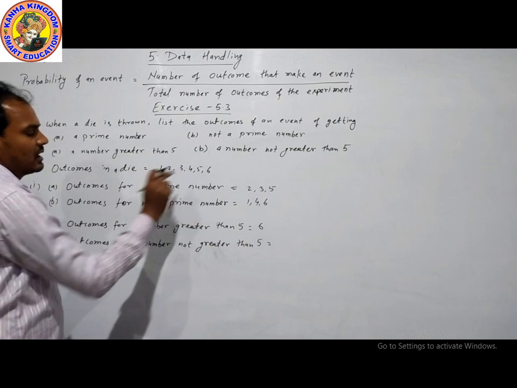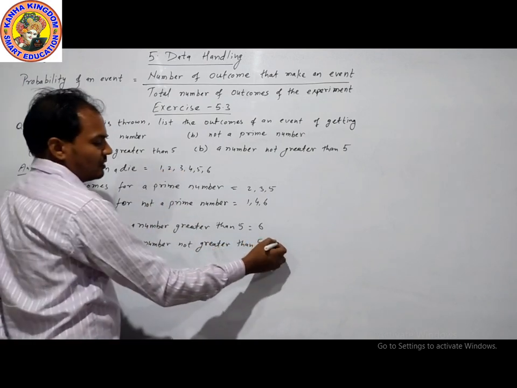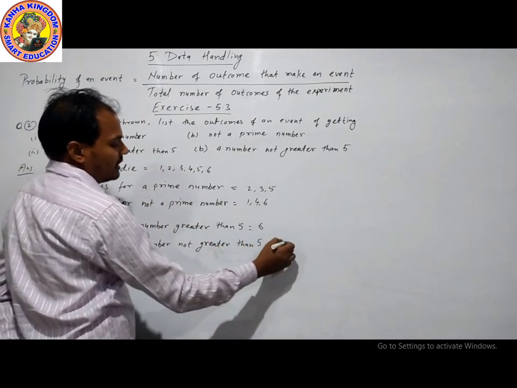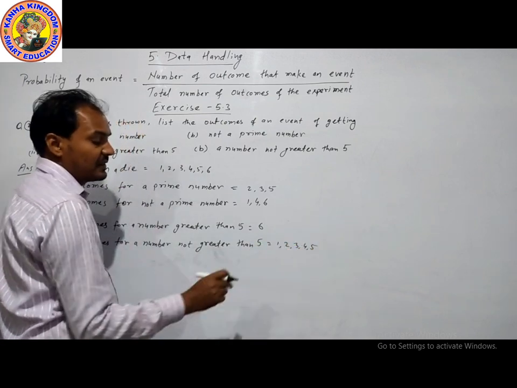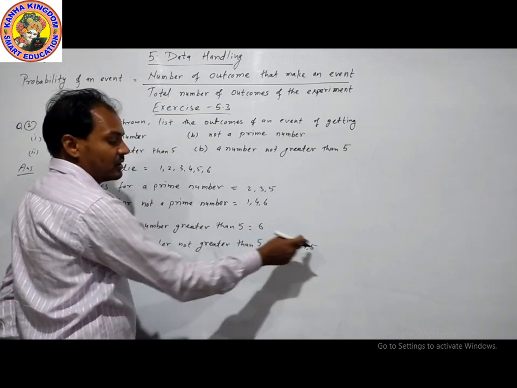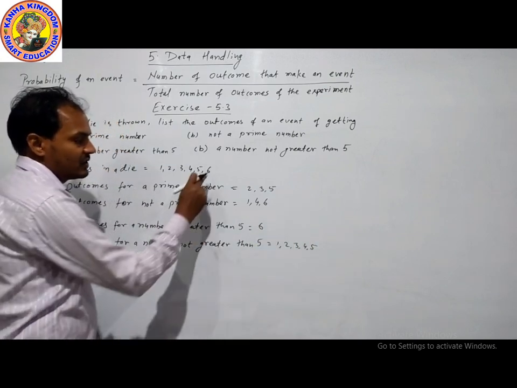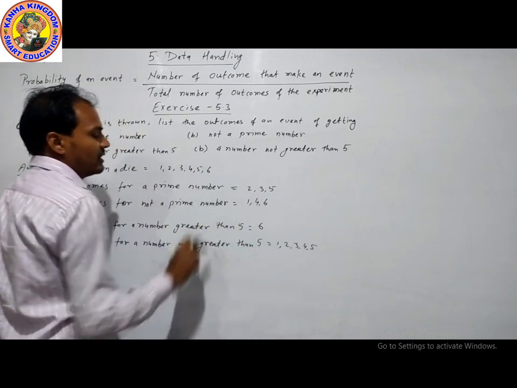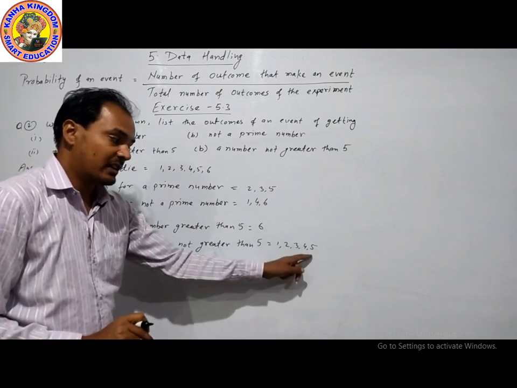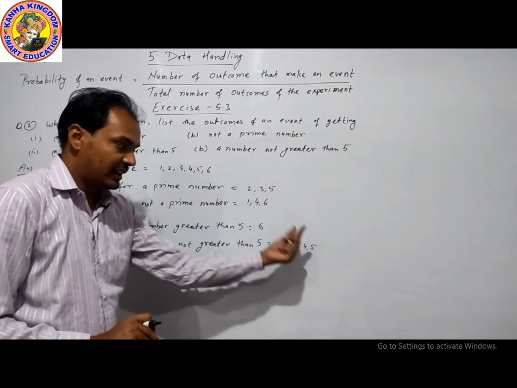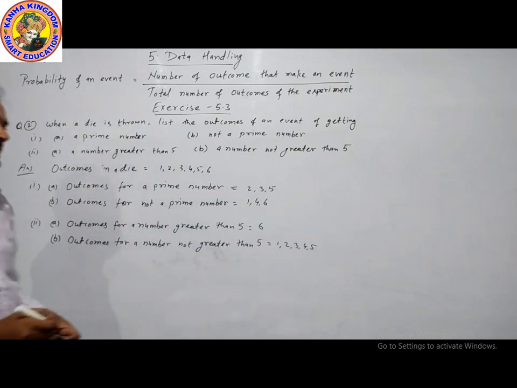Which numbers are not greater than 5? 1 is not greater than 5, 2 is not, 3, 4, 5. 5 and 5 are equal but not greater, so we will place 5 here. 6 is greater than 5, so 6 is not included.